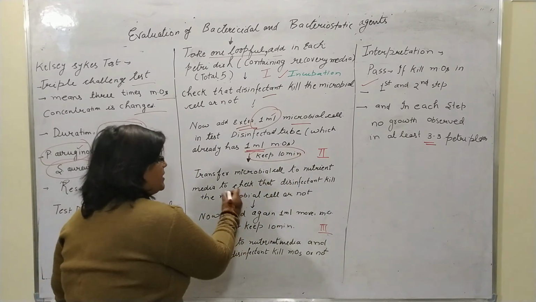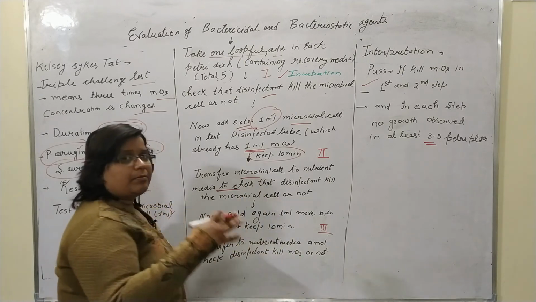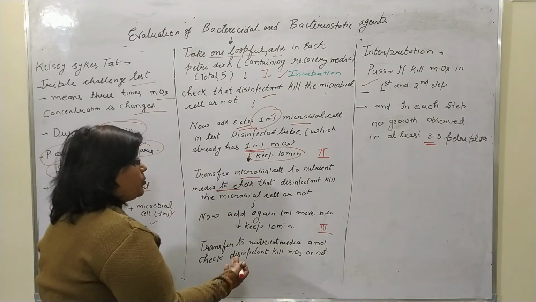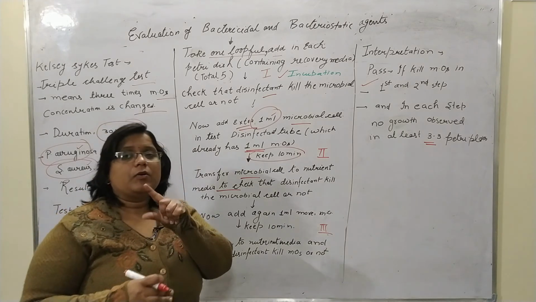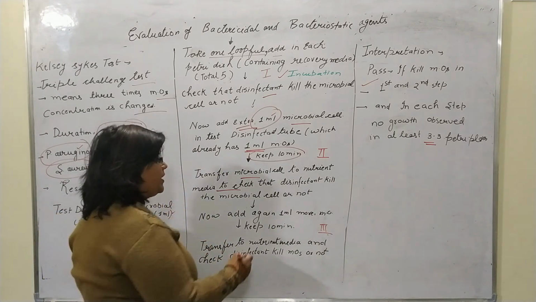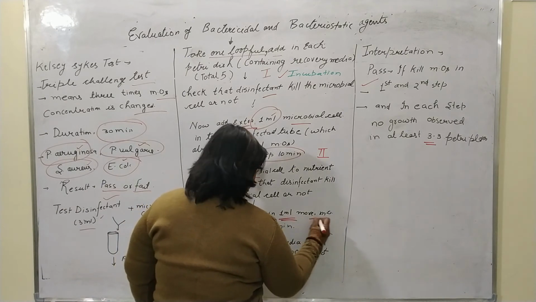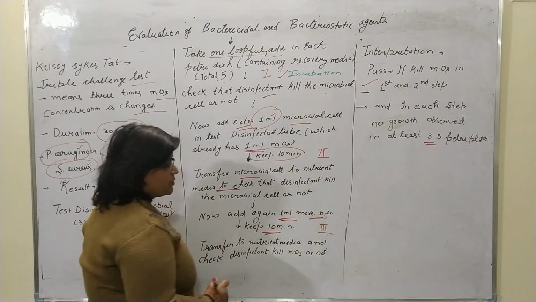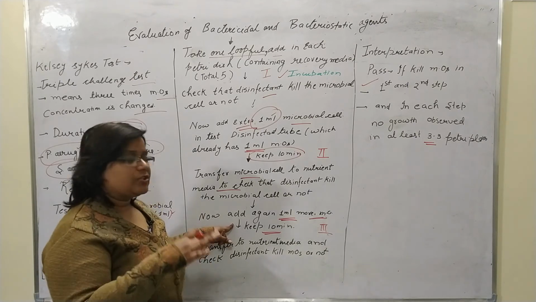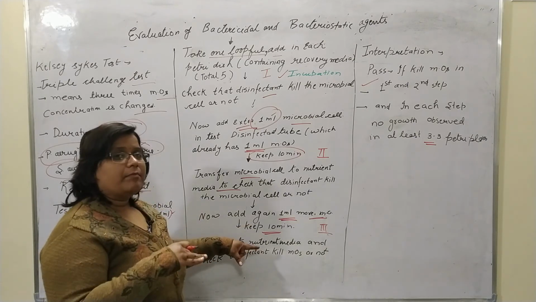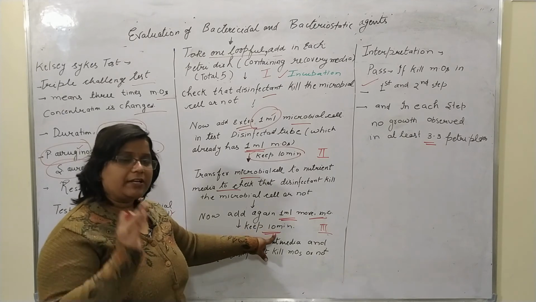Then 1 loopful is added to the agar plate, and after incubation we see the growth of microorganism. Now add again 1 ml more microorganism and keep 10 minutes. Again in the third step we add 1 ml more microorganism and keep for 10 minutes.